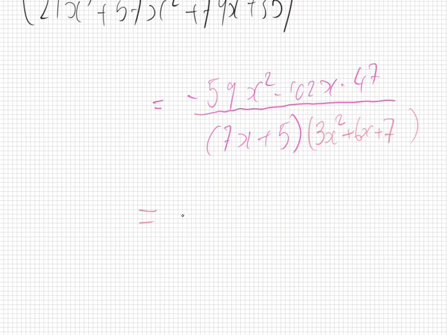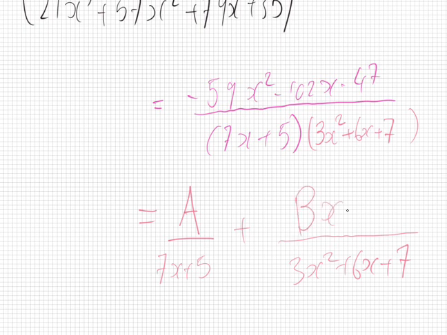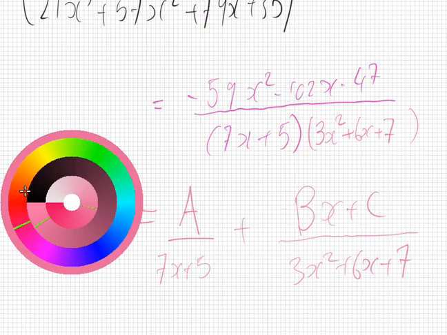Inception style. This equals a over 7x plus 5 plus, and then here I get 3x squared plus 6x plus 7. But what do I get on the top? Yeah, bx plus c, because remember, it should be 1 power less than the denominator when you break it up.